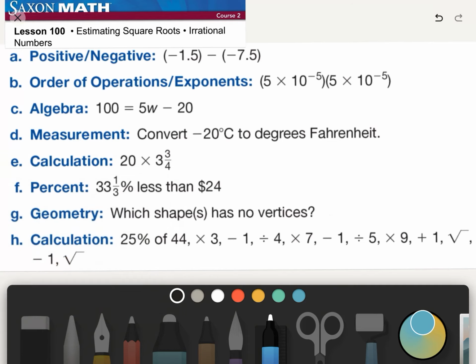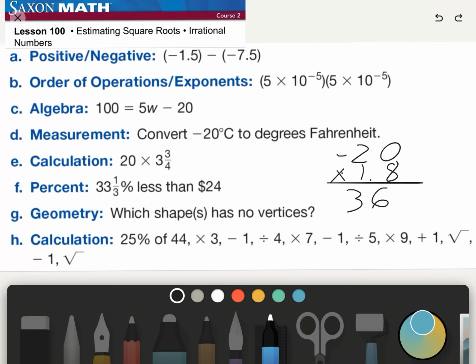Convert negative 20 Celsius to degrees Fahrenheit. Multiply by 1.8 and add 32. Trying to come up with a jingle to help remember that. Just looking at that, I can see 36, and I need to put a decimal point in here, or do I?